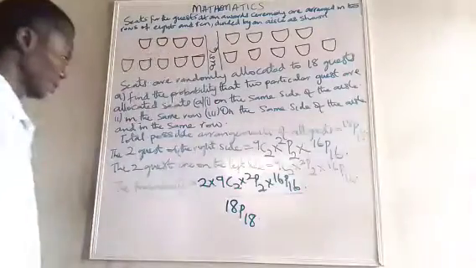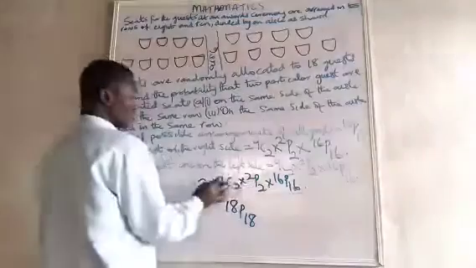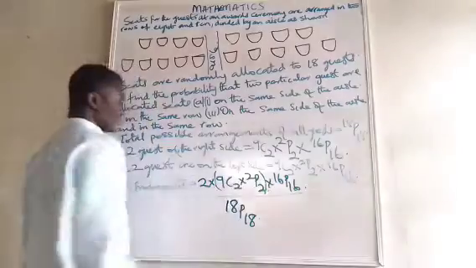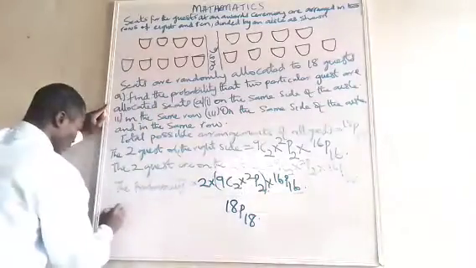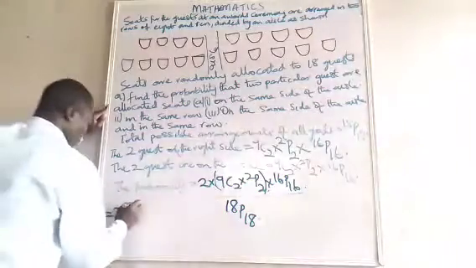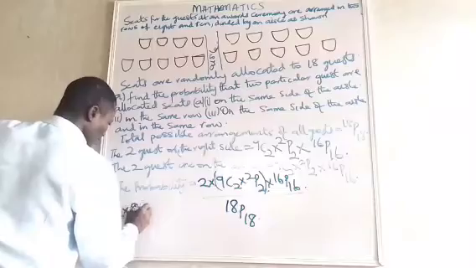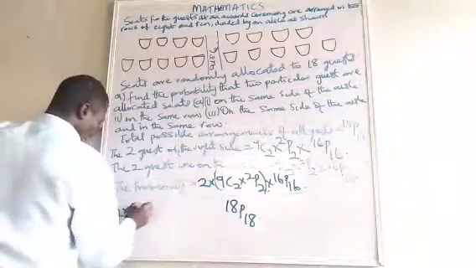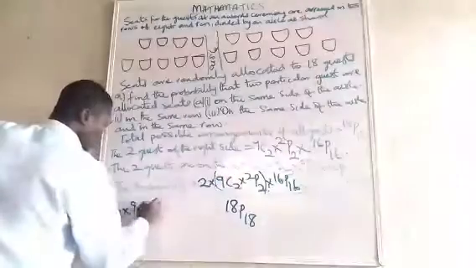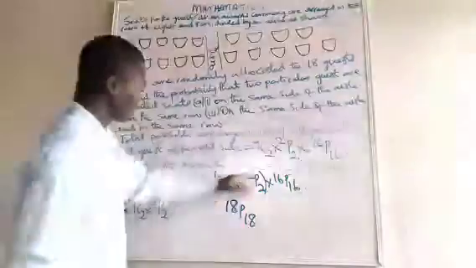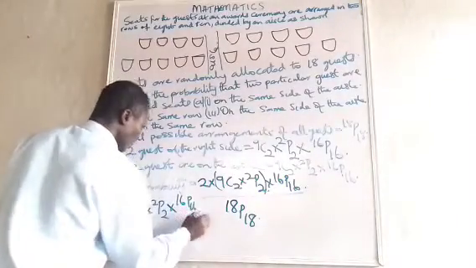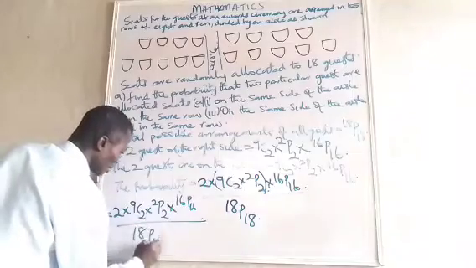So let's see what it will give us. Anyway, let's continue. So it's going to be 2 times 9C2 times 2P2 times 16P16 over 18P18.